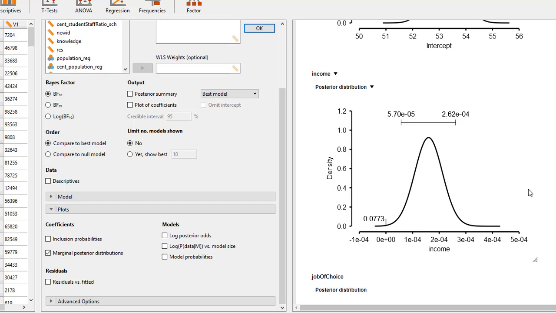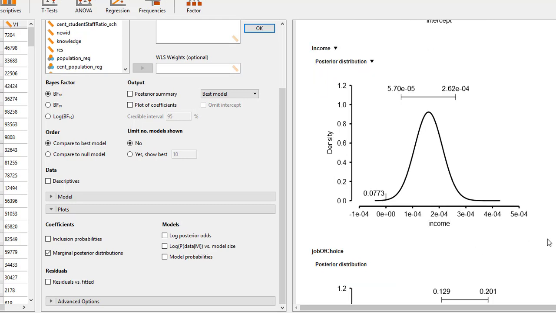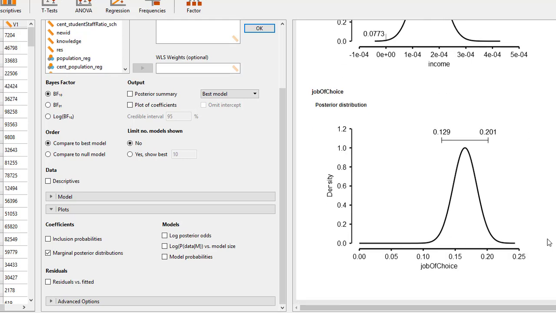That's the estimate of the regression coefficient for income, and then job of choice, the posterior distribution, its interval is from 0.129 to 0.201.